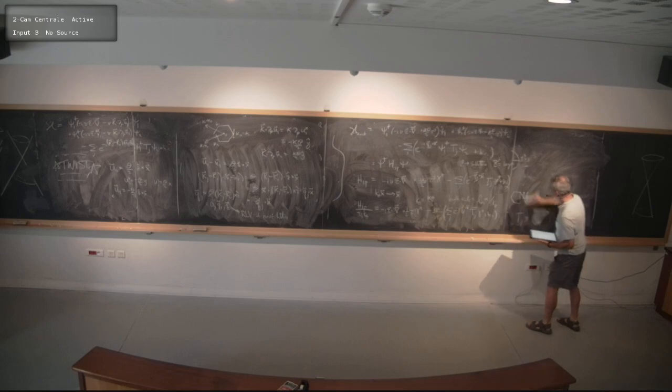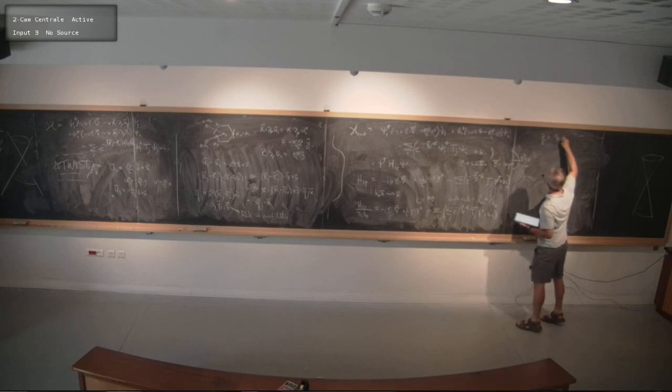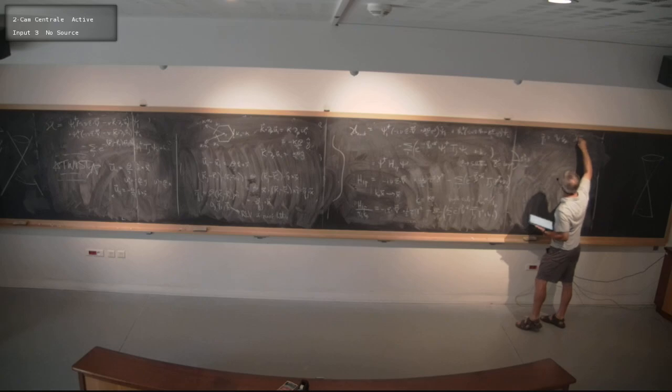where Qj tilde are like Qj divided by k theta, so they're dimensionless. They're just numbers.